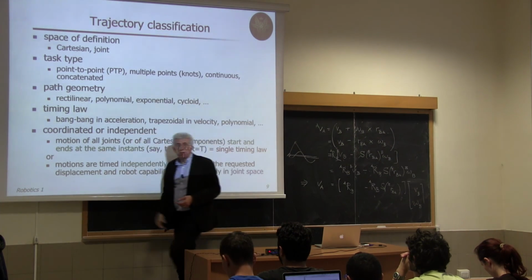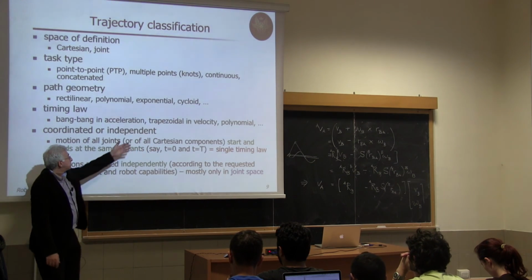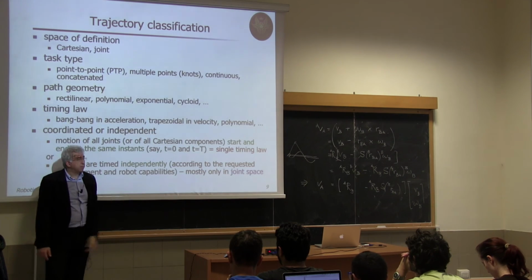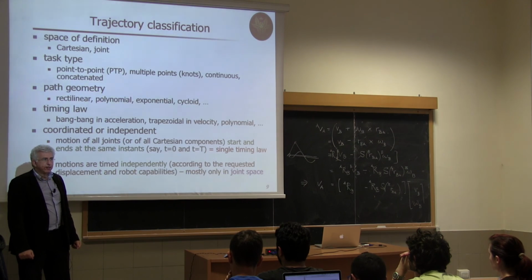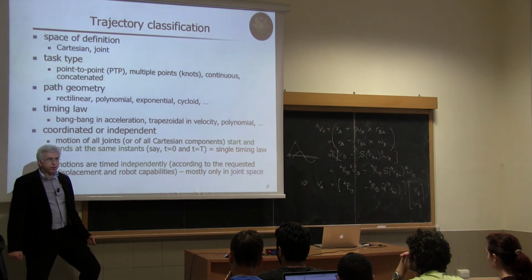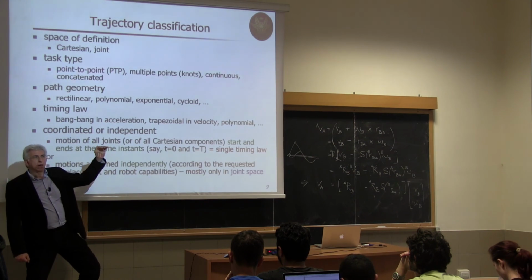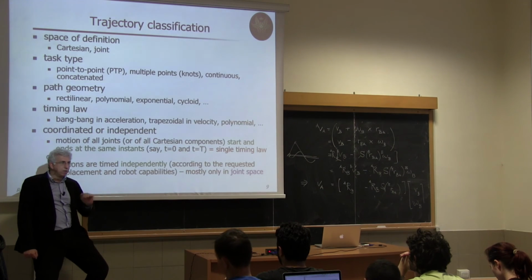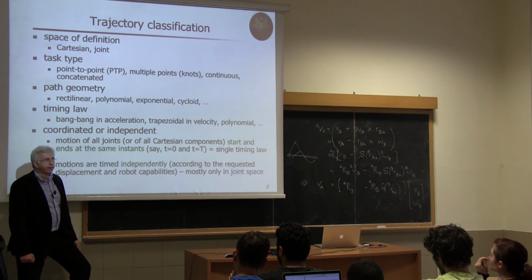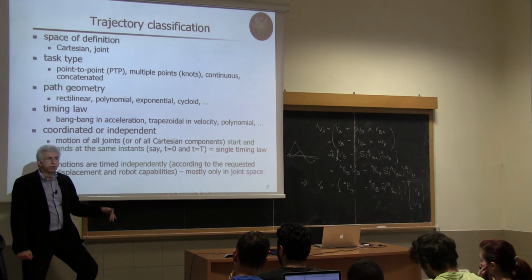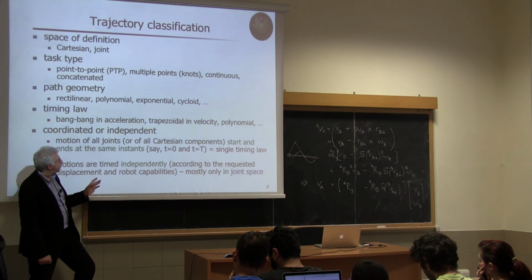And then the timing law. There are, again, several possibilities. We will explore one case which is very important, which is trapezoidal in speed, I would say, not in velocity. Okay? So the profile of s dot is a trapezoid, which means that the acceleration is at a constant level, then goes to 0, and you cruise at constant speed, and then it goes negative, and you decrease velocity to stop. So it's a rest-to-rest time profile.